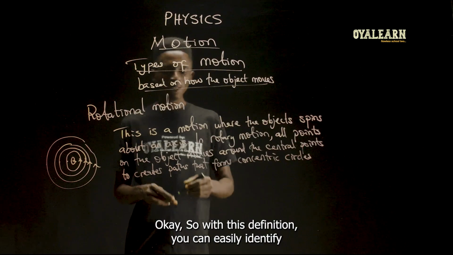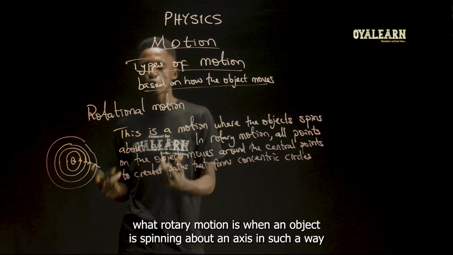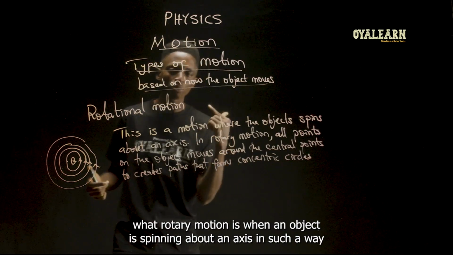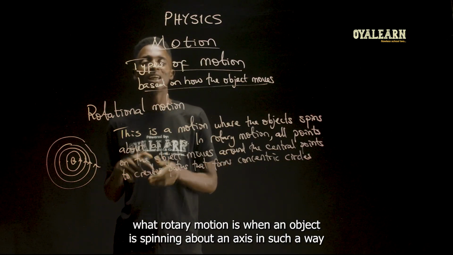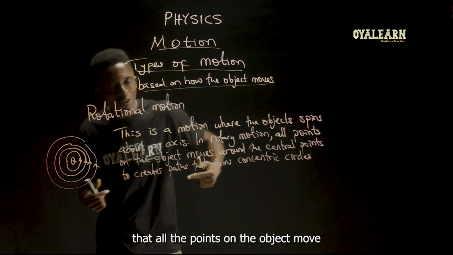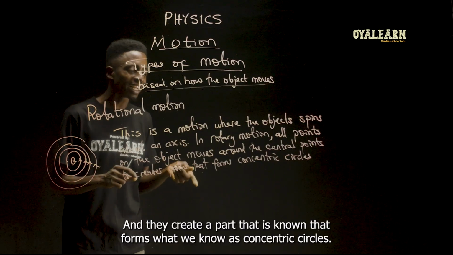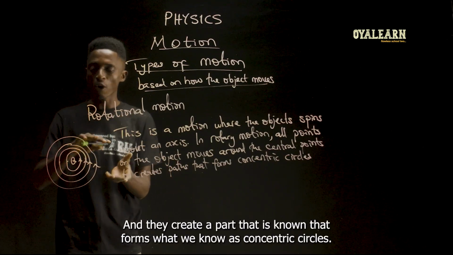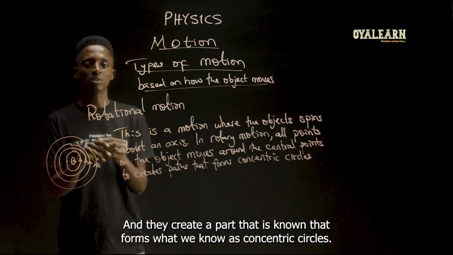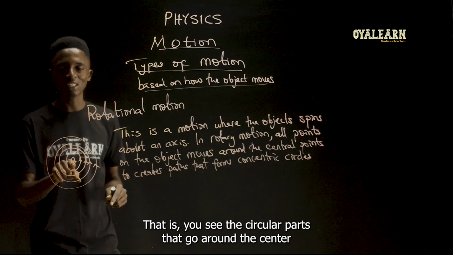circles. Okay, so with this definition, you can easily identify what rotary motion is. When an object is spinning about an axis in such a way that all the points on the object move around that central point, okay, and they create a path that forms what we know as concentric circles. That is, you see this circular path that goes around the central point.